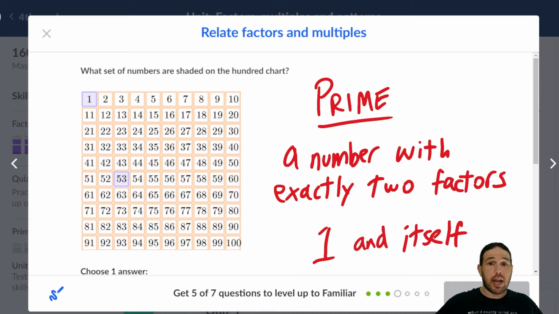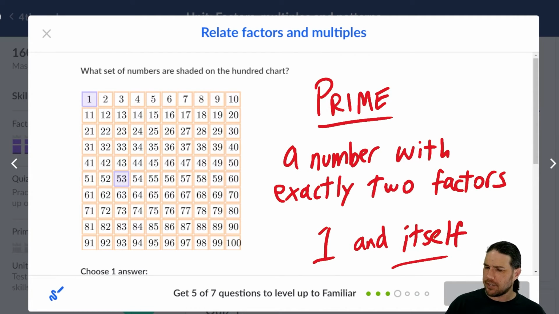Seven is a prime number. There is nothing you can divide 7 by evenly except for 1 and 7. 7 divided by 1 is 7. 7 divided by 7 is 1. That's all you can do. So a prime number is a number that can only be divided by 1 and itself without remainder.